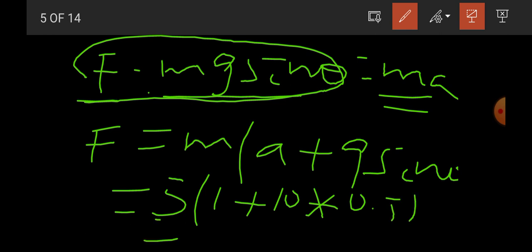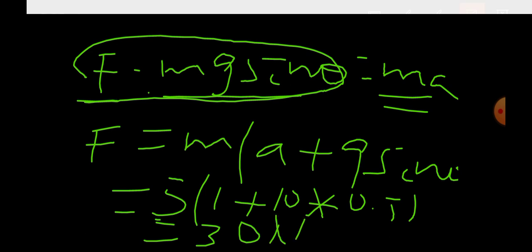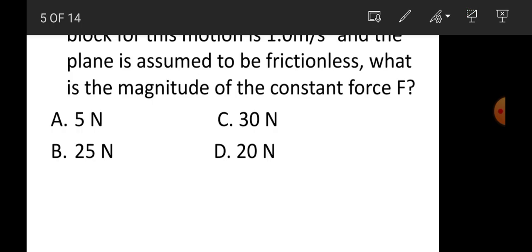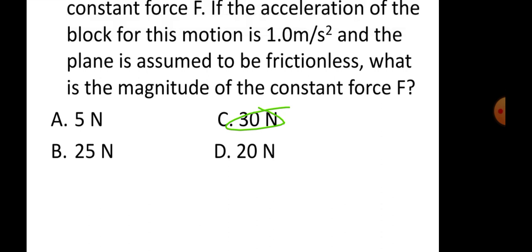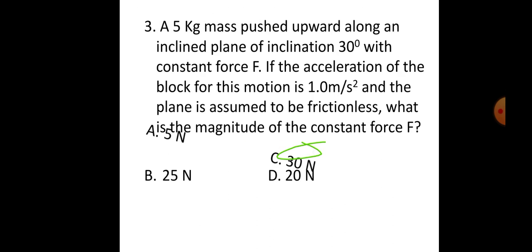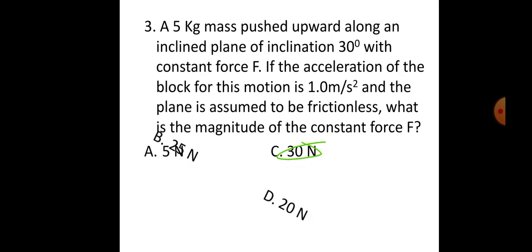So 5 times 6, that is 30 Newton. This is the force acting on the object upward along the plane. The force acting on the block is 30 Newton. So the answer is C. The answer is C. Next question.